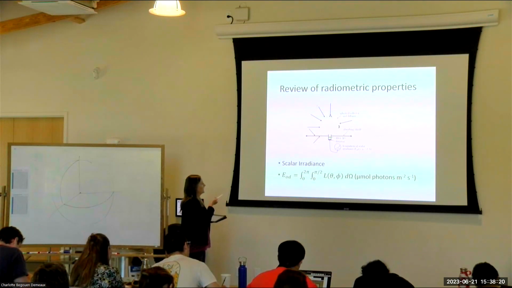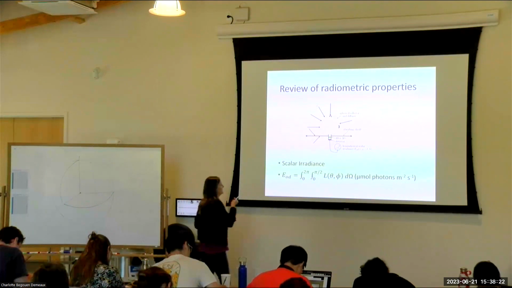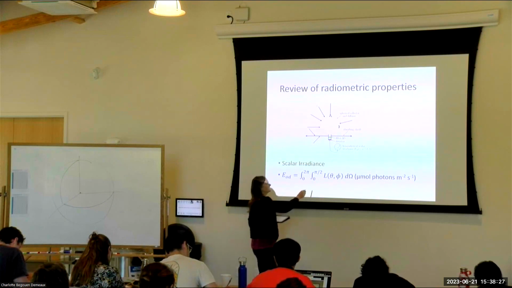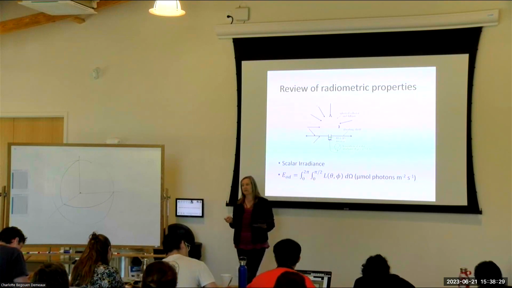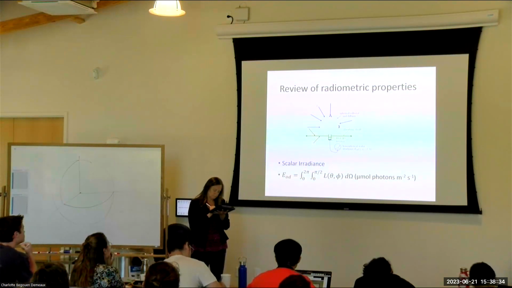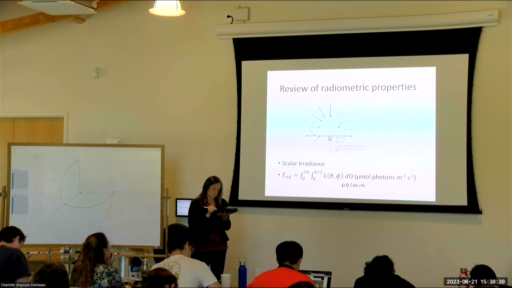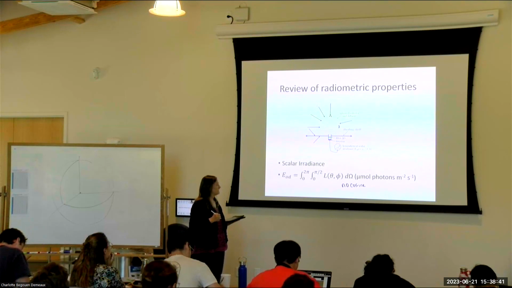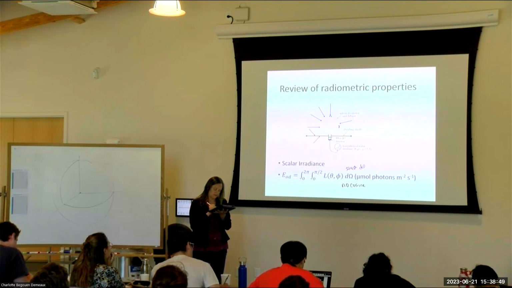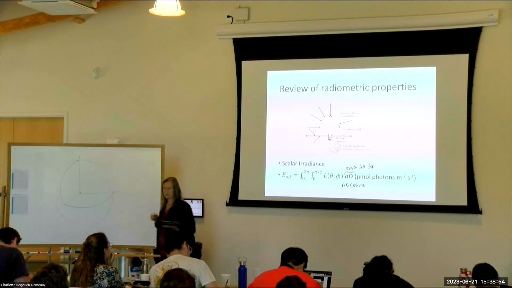So when you're trying to calculate that from radiance, you are literally just summing up all the radiance and you are not scaling it by the cosine. There's no cosine. But again, this is sine theta d theta d phi here.